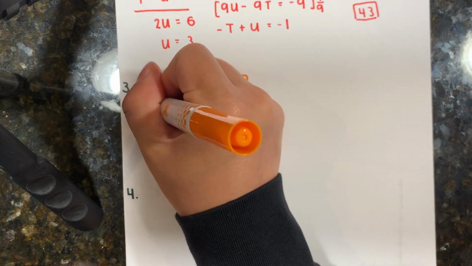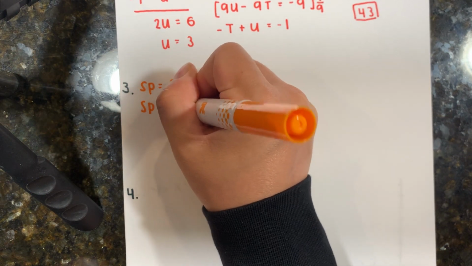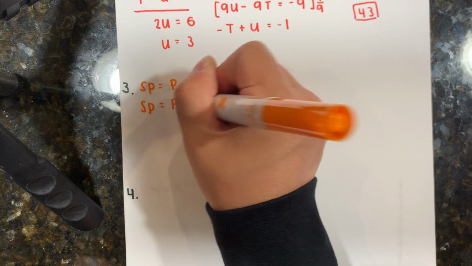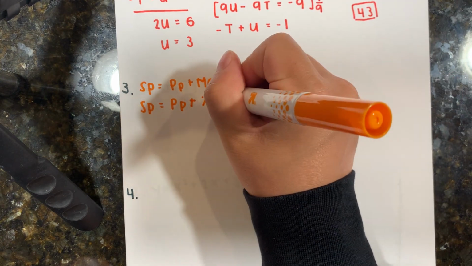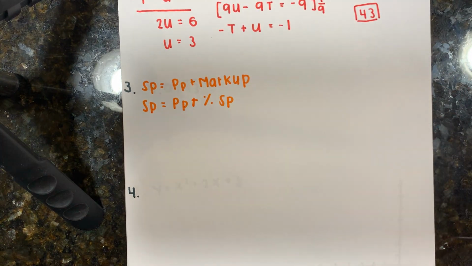And the markup that they are giving us is going to be a percent of the selling price. And they actually give us what the selling price is equal to. Our selling price is equal to $1,800.